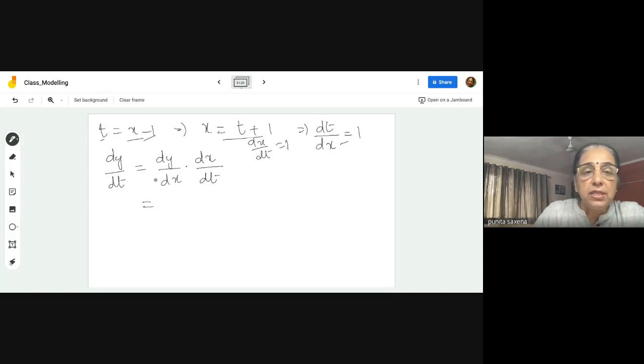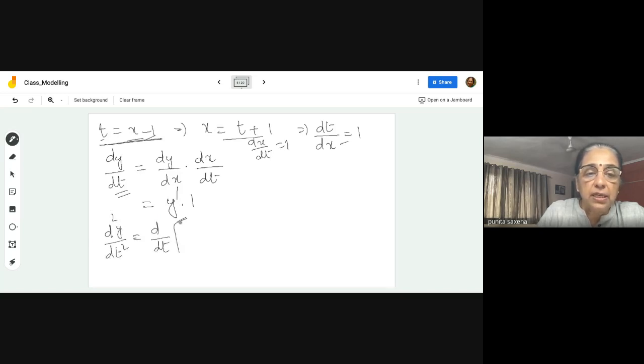Now, what is dy by dx? Y dash. And what is dx by dt? 1. So with this change of variables, my dy by dt still remains y dash. There is no change in that. Similarly, what will be d2y by dt square?